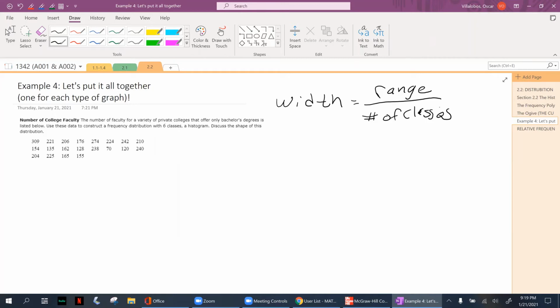That is my width, the distance between the classes. We said range is the largest value subtracted by the smallest value in my data. If we look at the hundredths place for all of these, we'll see that 309 is the largest. And if you look, you'll see that this is the smallest.